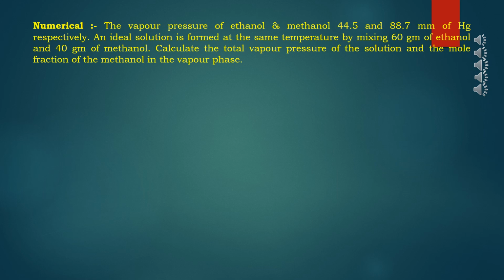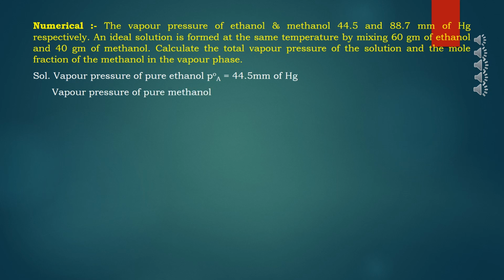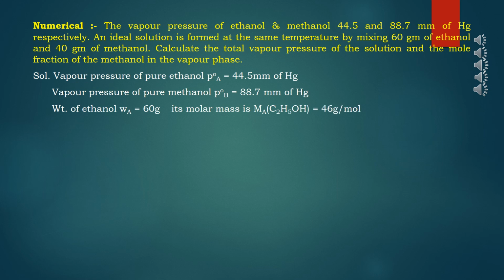So let's start the calculations. First we have to write what is given to us, that is the vapor pressure of pure ethanol, Pa0, which is 44.5 mm of mercury. Vapor pressure of pure methanol, Pb0, is equal to 88.7 mm of mercury. Weight of ethanol, Wa, is 60 gram, and its molecular mass, capital Ma, comes out to be 46 gram per mole, by putting the values of respective carbon, hydrogen and oxygen molecular weights.